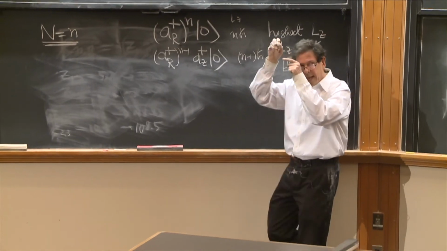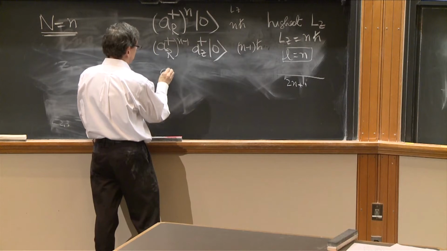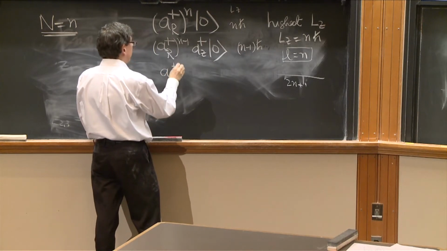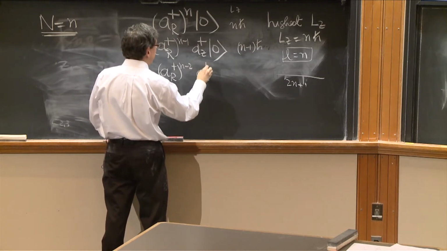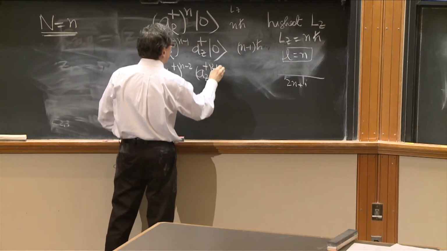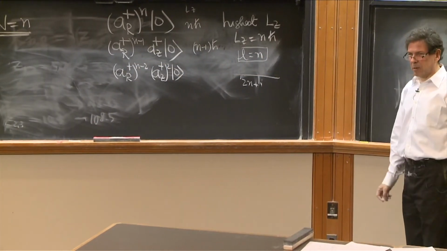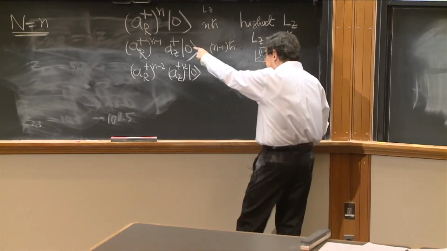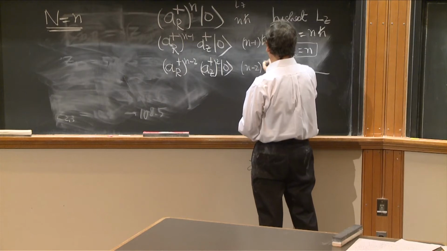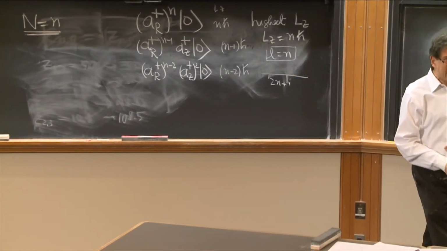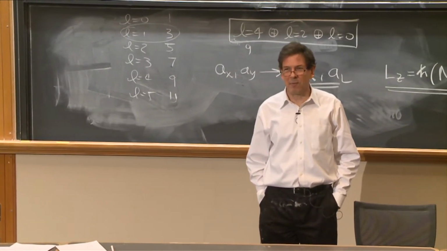Let's lower the angular momentum once more. So what do we get? A right dagger to the n minus 2, AZ dagger squared. That's another state with one less angular momentum than this. This, in fact, has n minus 2 times h bar. Now, is that the unique state that I can have with 2 units less of angular momentum?